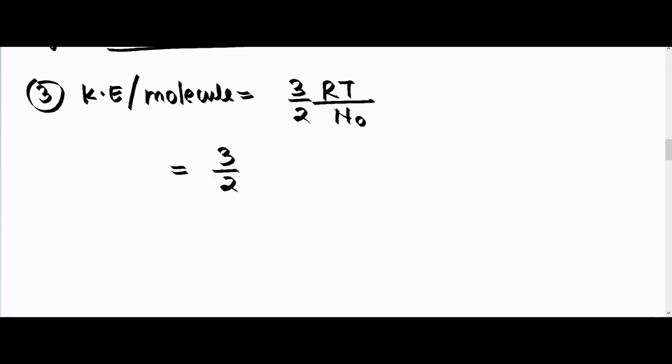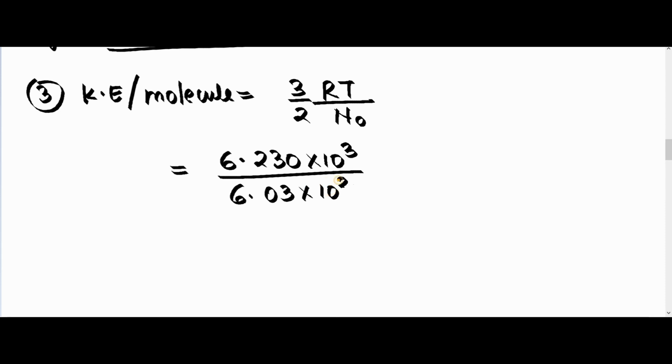Or else we can directly substitute the value 6.230 into 10 raised to 3 upon 6.03 into 10 raised to 26.